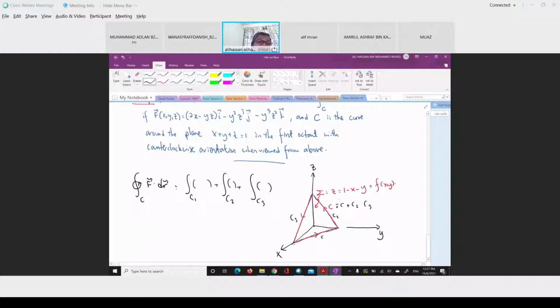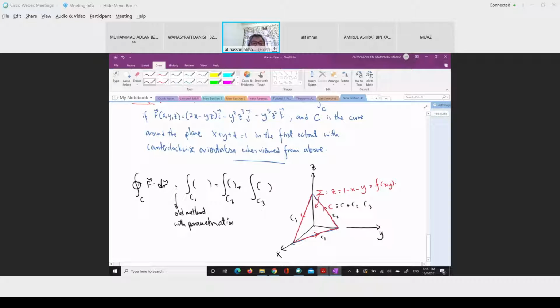If I want to use the old method, we need to parameterize the boundaries C1, C2, and C3. So that's a lot of work.